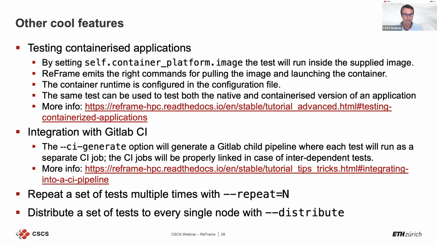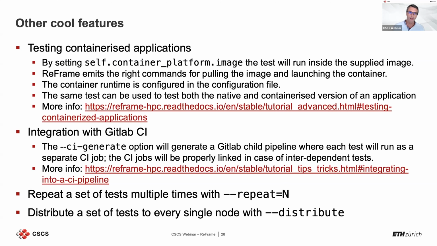So before closing, there are some things that I think I reported, but I don't have the time to touch on them. One is you can test containerized applications as well with the same test. For example, we have in this link here a Gromacs example, where basically you test different images and the native all in the same test, saving you code.